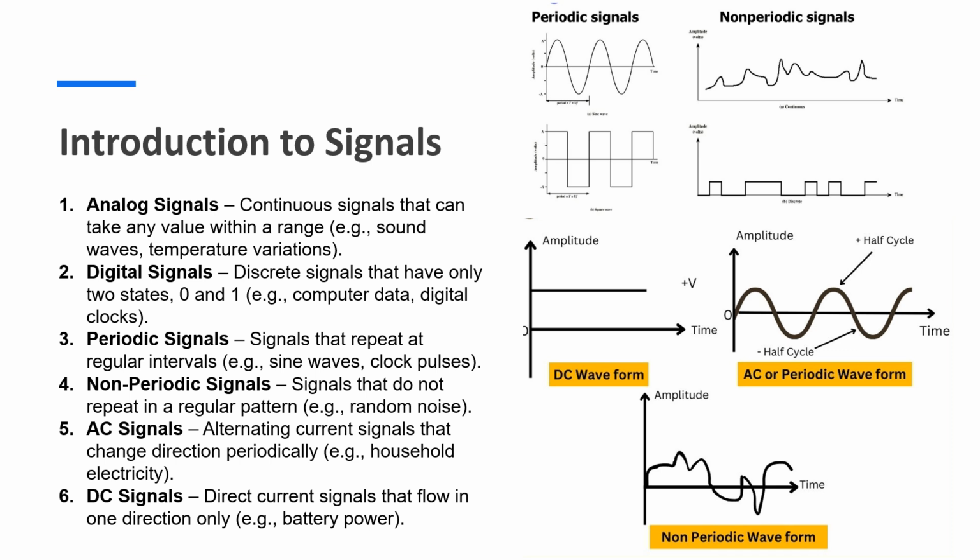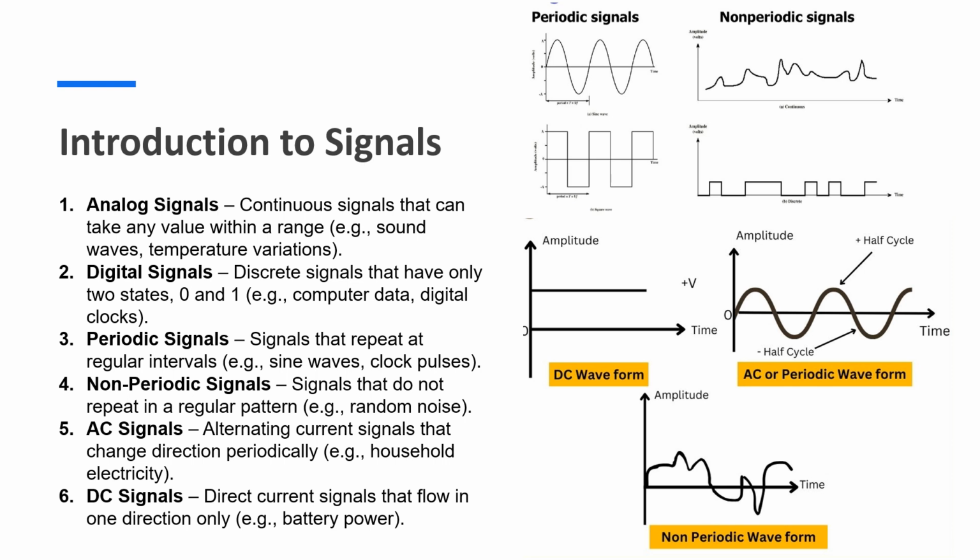And the non-periodic signal is that kind of signal that does not repeat regular patterns, right? So random noise is a very good example of the non-periodic signal. The other one is the AC signals, alternating current signals that change direction periodically.